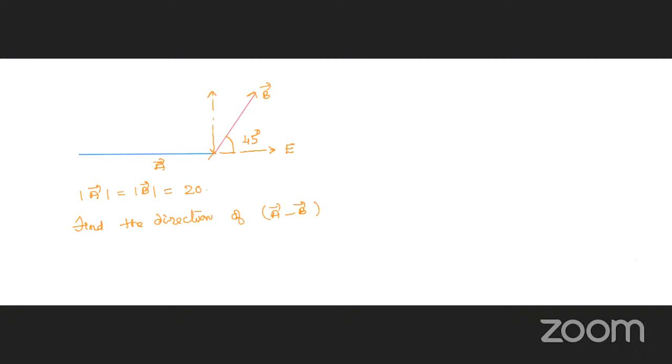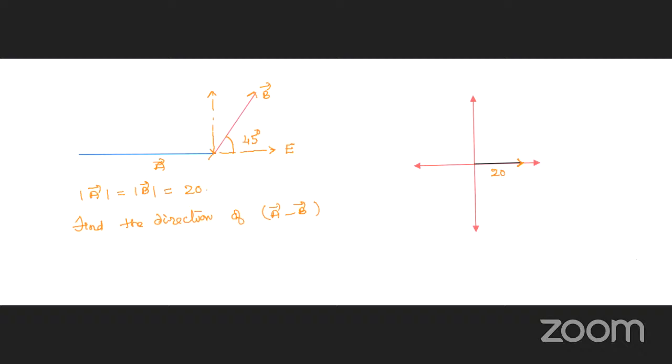First of all, to get clarity, draw the east, west, north, south directions. Now take the vectors. First, eastwards we take A bar, with magnitude 20.